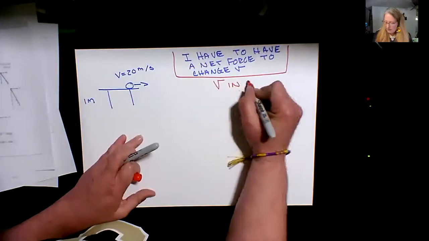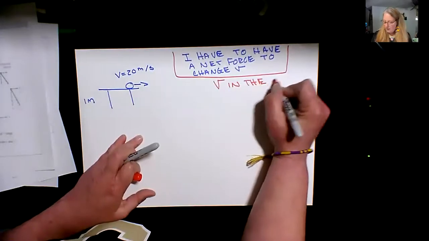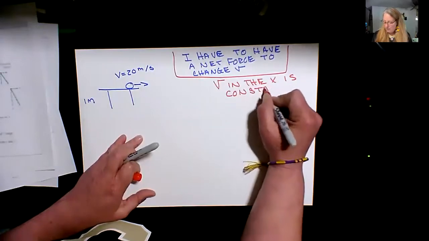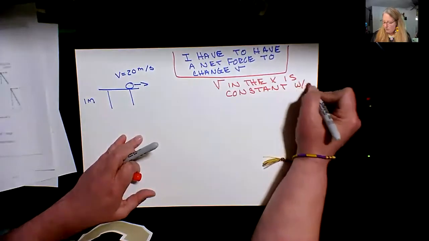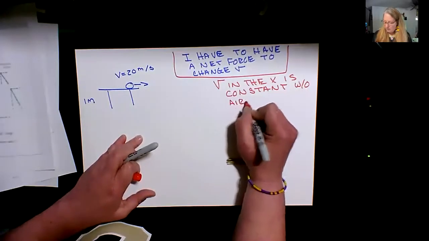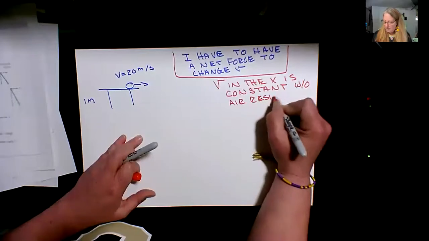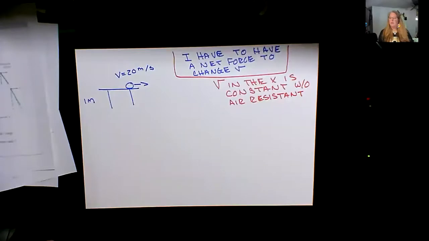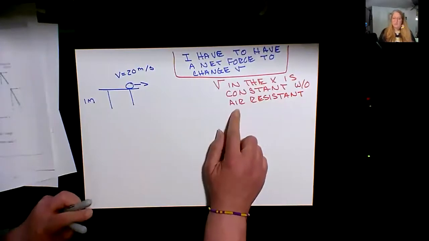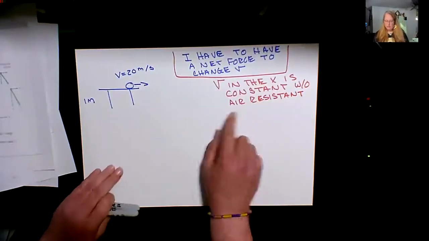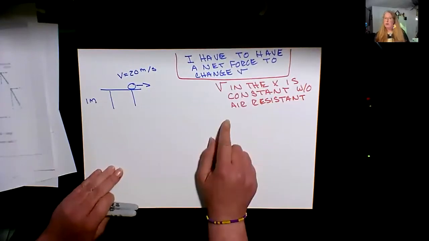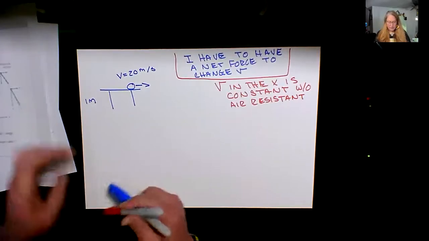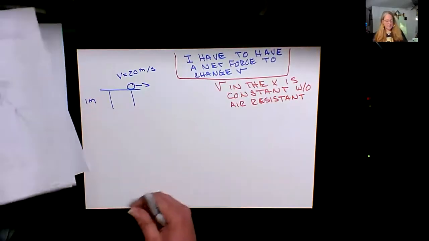Velocity in the X is constant without air resistance. Air resistance is air's version of friction. That's all it is. But you can think of it as small enough for small actions that our approximations are pretty darn good. Okay? So I'm starting off at some certain height, and we come back to this then.